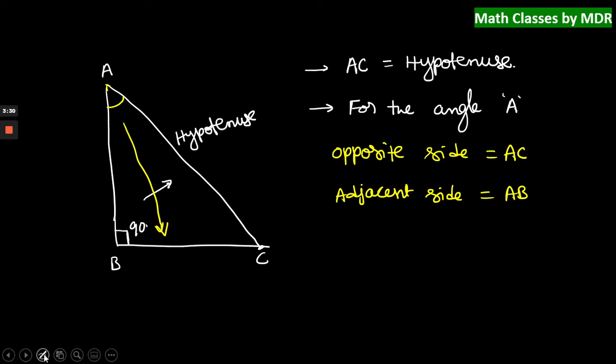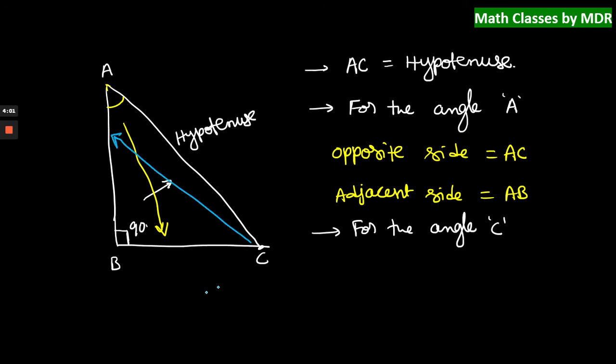Now let us consider it for the angle C. We don't need to consider it for angle B because two sides are adjacent to B and one side opposite to B is the hypotenuse. So we will consider only C. For the angle C, what are the adjacent and opposite sides? Think and tell me. For C, the opposite side is AB.